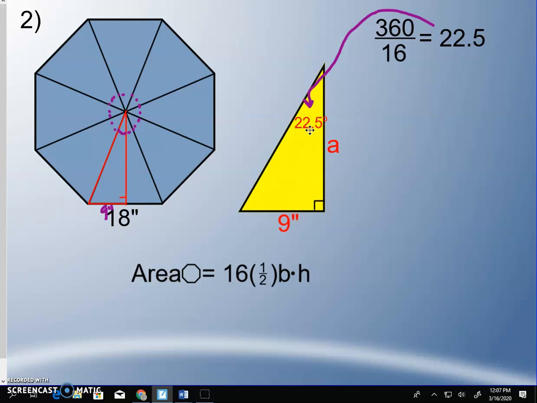Looks like in this case I might have to bring in maybe a story about horses. Which trig function is going to take this 22.5, tie it in with this 9, and this A? Well, I hope you said that that's tangent. So the tangent of 22.5 is equal to the opposite over the adjacent. Now, why don't you take a second and write down, don't do it in your calculator, write down what you think you're going to do to find A.